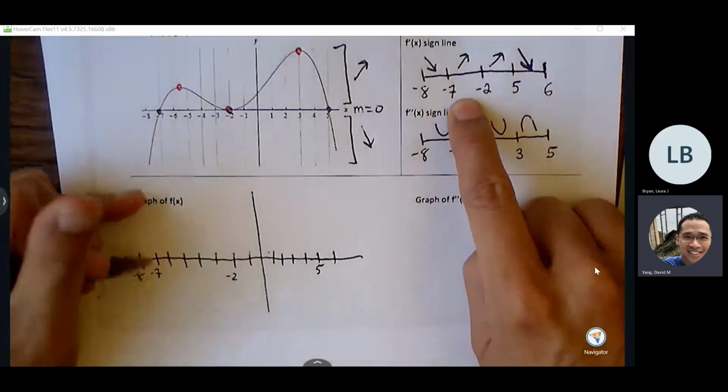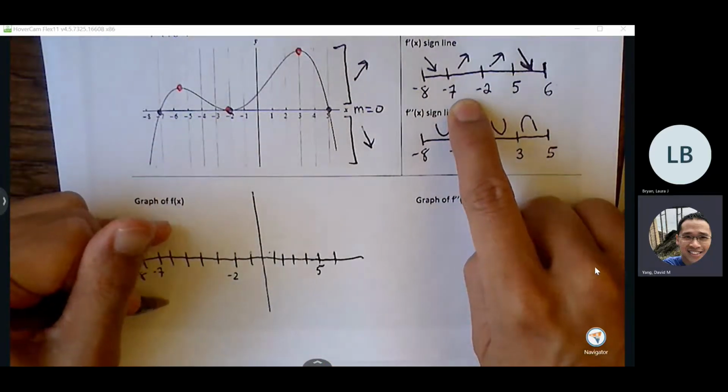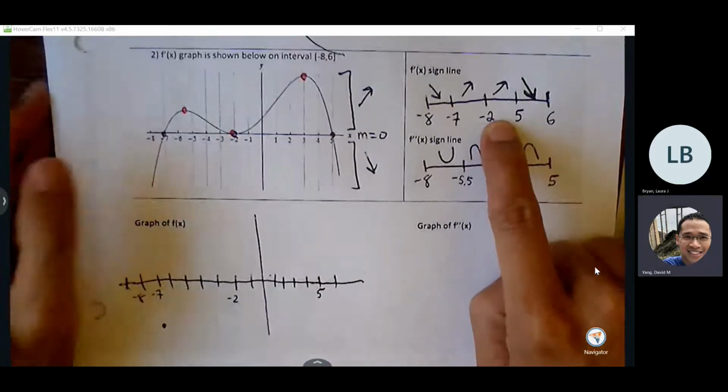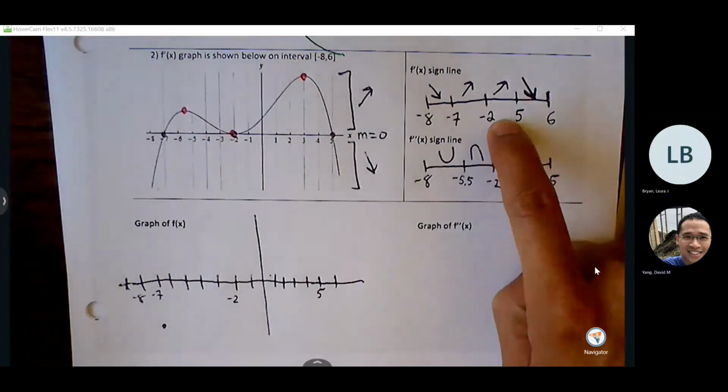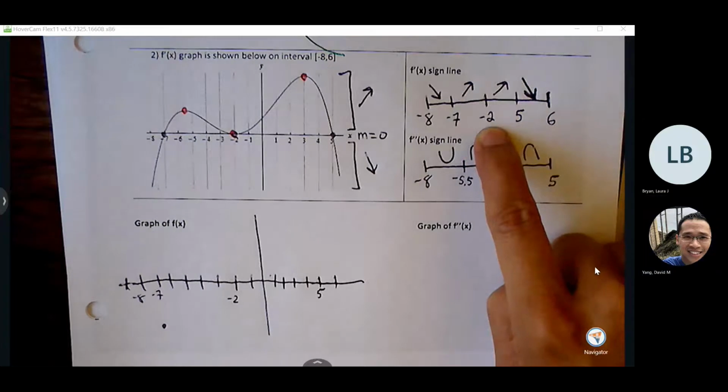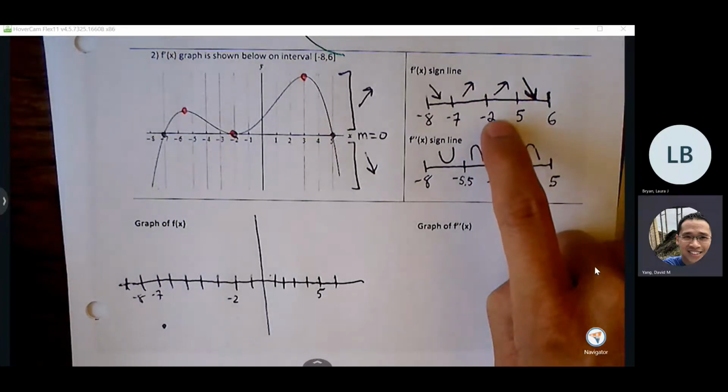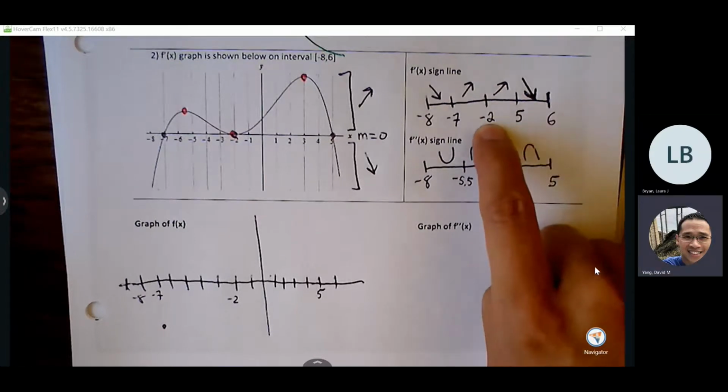I want a relative min somewhere down here. What would you call -2? Or what's happening at -2? Okay. Is it a relative max or relative min? No. However, what's going to happen here, though, in terms of the graph? What would the graph look like?